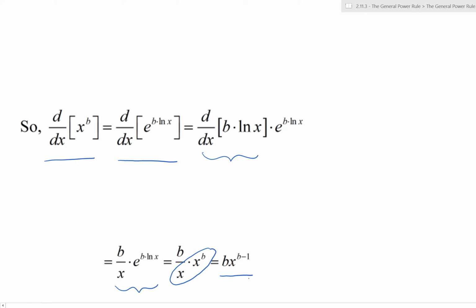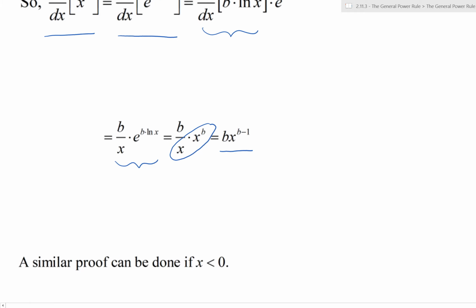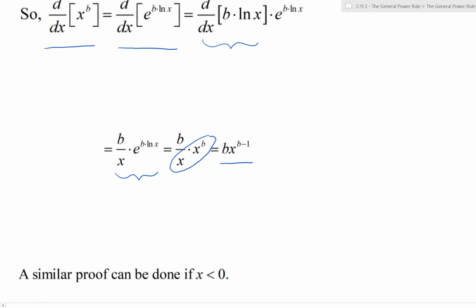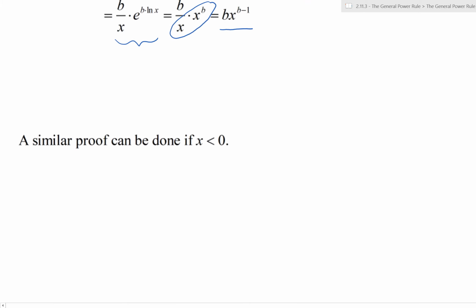And look what we get. B times x to the b minus 1, keeping in mind that b is any real number here. And thus what this shows is what we have maybe been thinking all along, the general power rule. And we could do a similar proof, of course, if x is less than 0 as well.